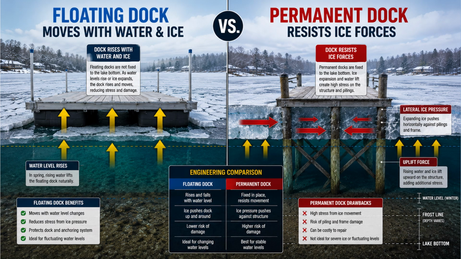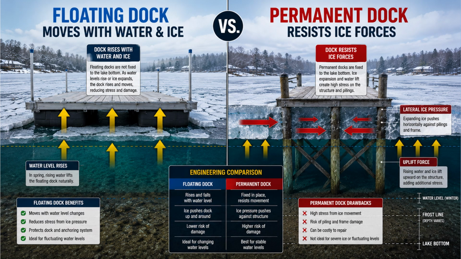Floating docks move with changing water levels. That flexibility often reduces stresses from changing lake levels, though they can still be affected by moving ice if left in place during winter. As water levels rise or ice expands, the dock rises and moves, reducing stress and damage.